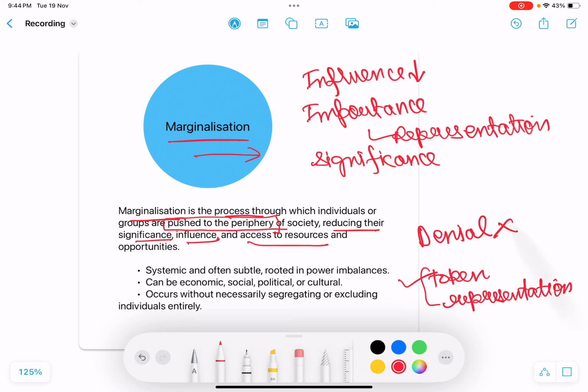And so while they're part of the formal institutional process, the significance, or the influence or the access to resources that they have may be less. So you can think about it like, again, that let's just say women are a part of multiple different organizations, but often they are underrepresented at the upper hierarchies, at the upper levels of organizational structures. And so there is this thing called the glass ceiling effect, right?